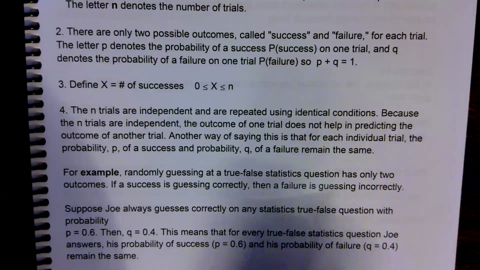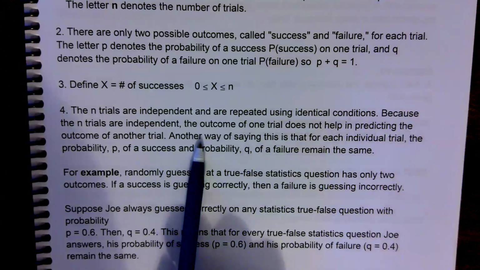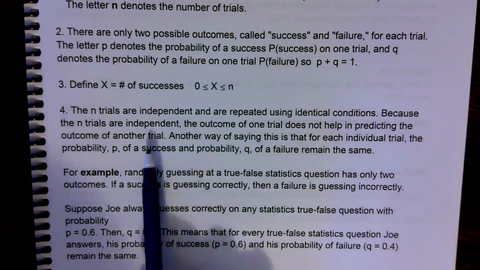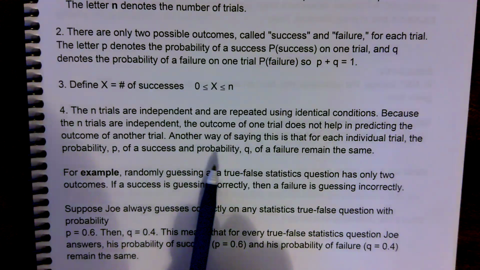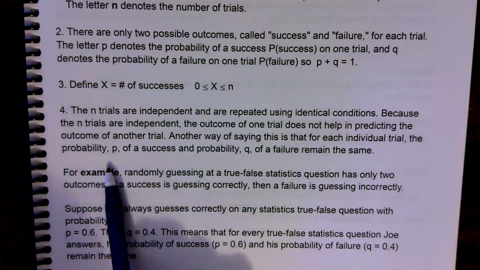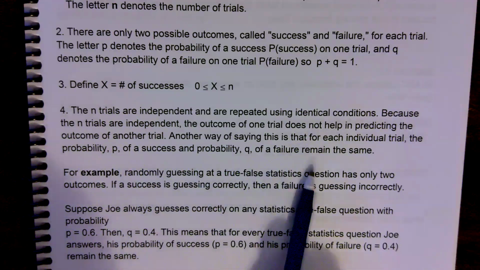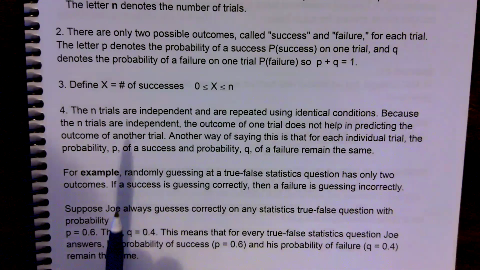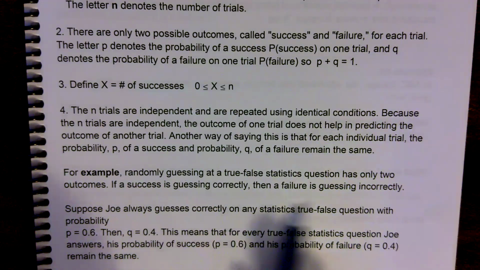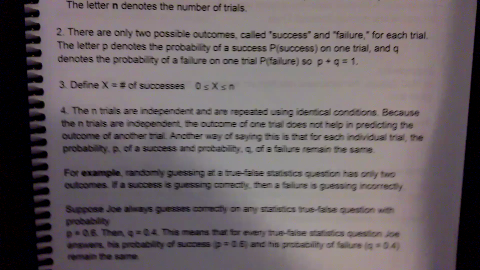Because the N trials are independent, the outcome of one trial does not help in predicting the outcome of another trial. Another way of saying that is that for each individual trial, the probability P of a success and probability Q of a failure remain the same. For example, randomly guessing at a true-false statistics question has only two outcomes. If a success is guessing correctly, then a failure is guessing incorrectly.